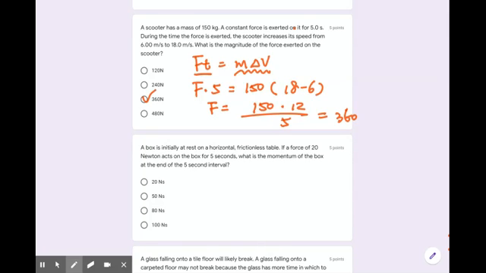Okay. Next, a box is initially at rest on a horizontal frictionless table. If a force of 20 Newton acts on the box for 5 seconds, what is the momentum of the box at the end of the 5-second interval?